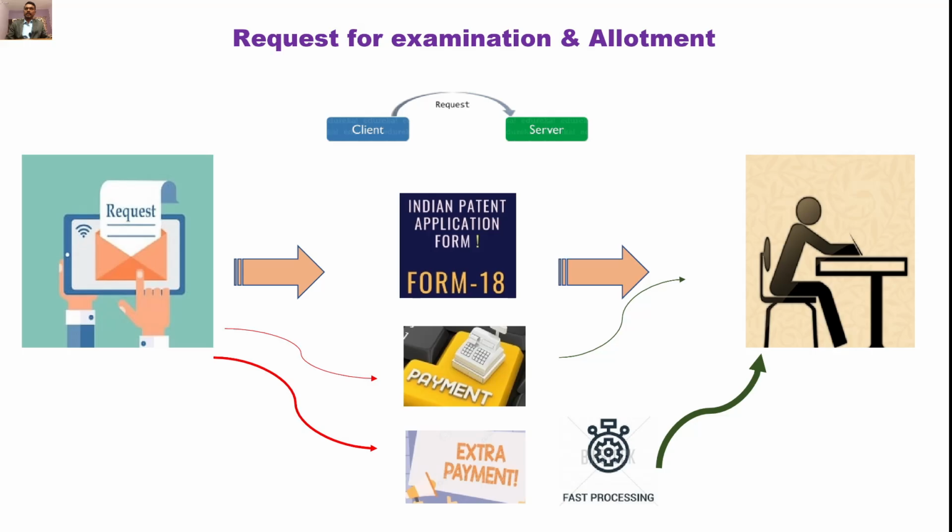So through this process, you are requesting the patent office that your application be examined, and this request is only considered when you fill up the suitable form and pay the prescribed fees. Once you are done with the form and the fees for the request for examination, it is allotted to a suitable examiner who is an expert in that particular invention, and the examination starts.